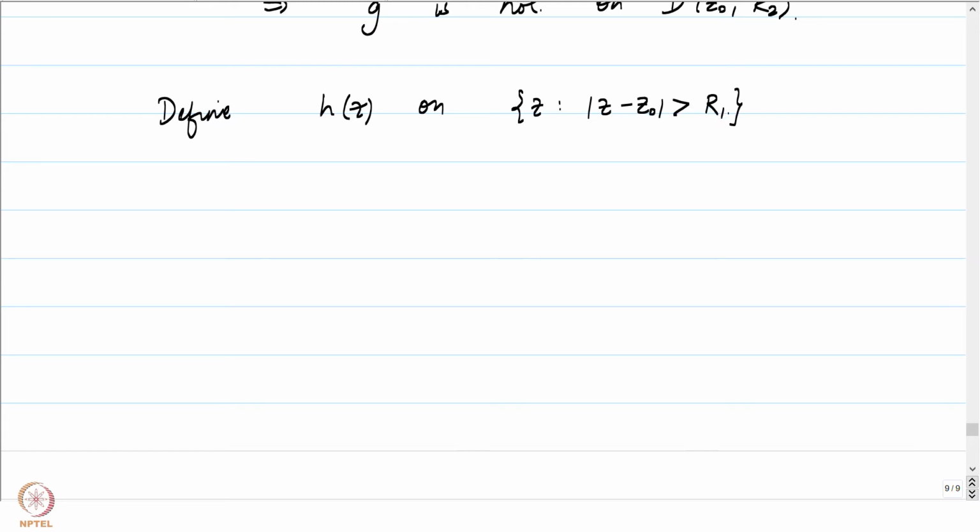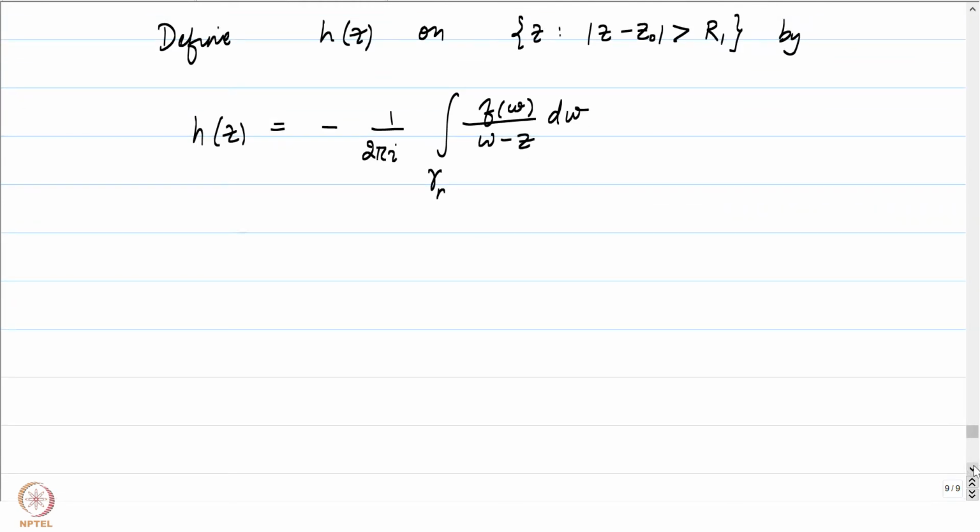Remember that r1 is the smaller radius in the annulus, and on the region above we are going to define h of z to be minus 1 by 2 pi i integral over gamma r, where gamma r is exactly as earlier. It is going to be the circle of radius r around z naught of f of w by w minus z dw.